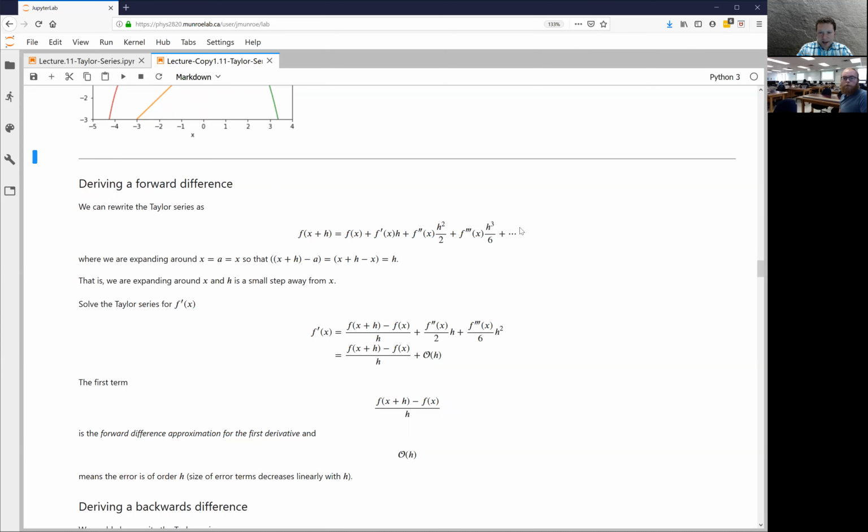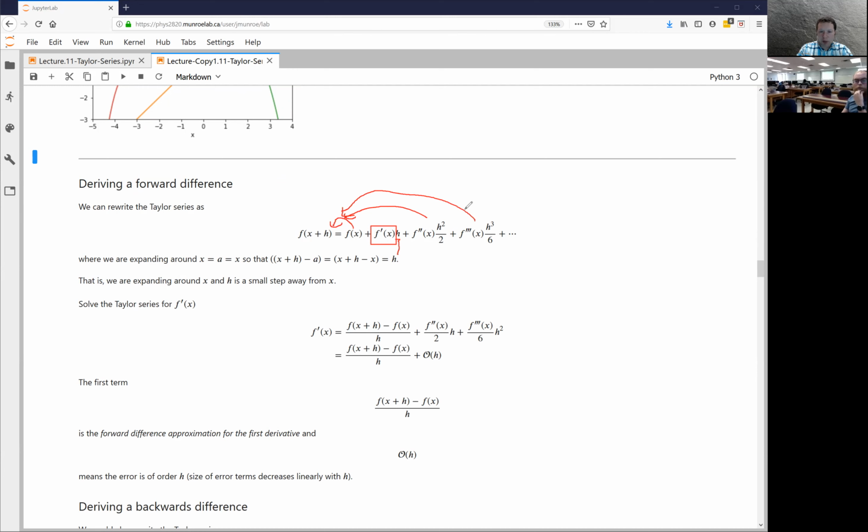If I take this Taylor series and I solve it for this term right here. So what you're going to imagine doing in your mind's eye is taking that function, leaving him by himself and bringing all these other terms over to the other side and then dividing by h.